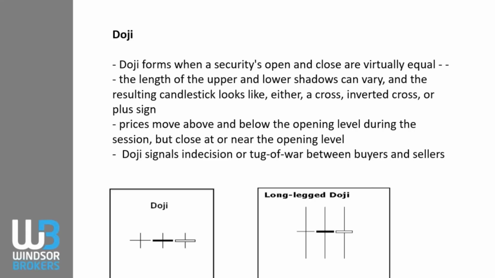The length of the shadows depends on the activity of the market, but the main message from the doji candle is that the market opens at a certain level and moves in both directions, again depending on the market activity, it could move 50, 60, 100 pips, but closes again very close to or at the same level as the opening price.